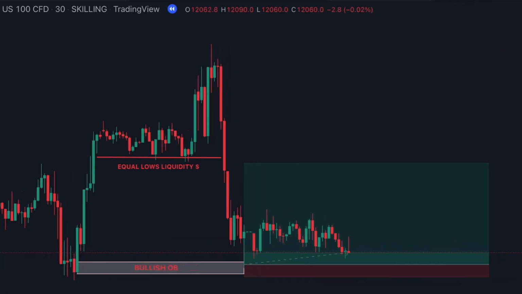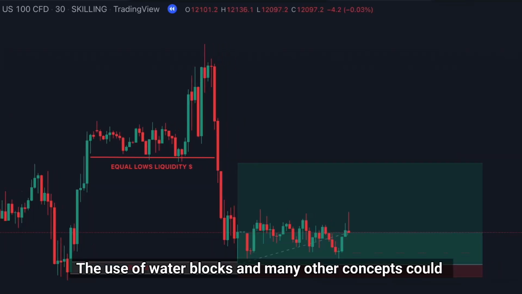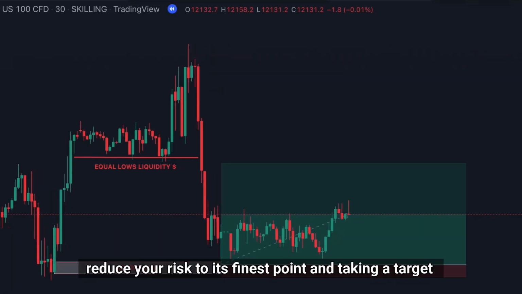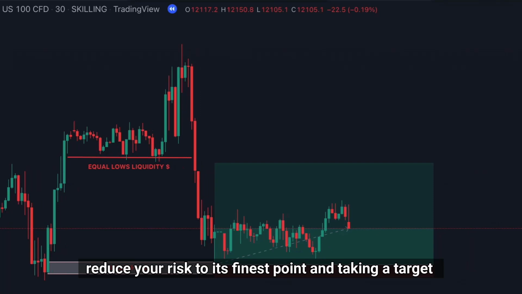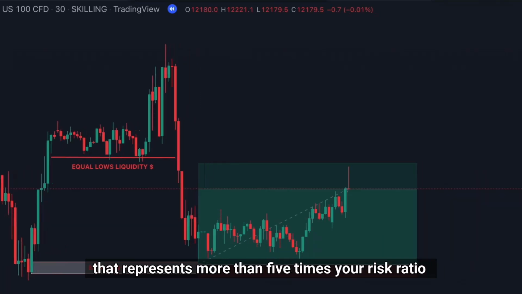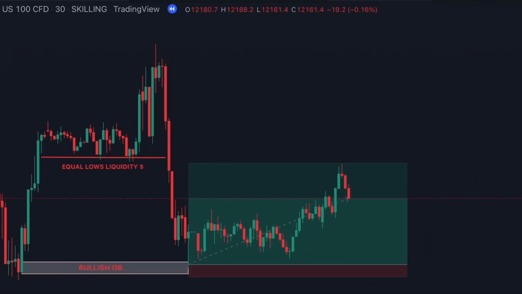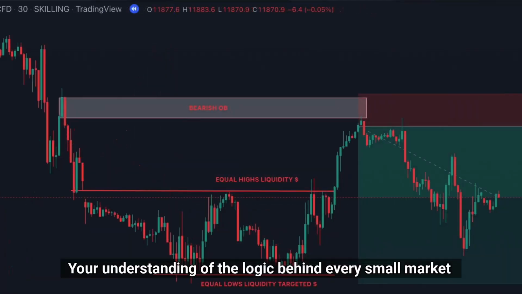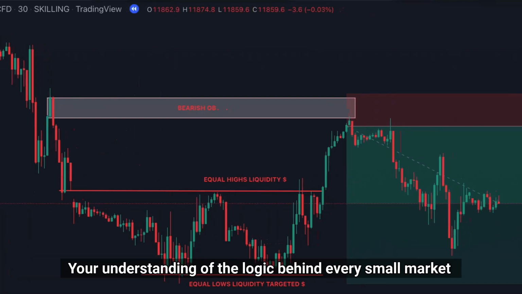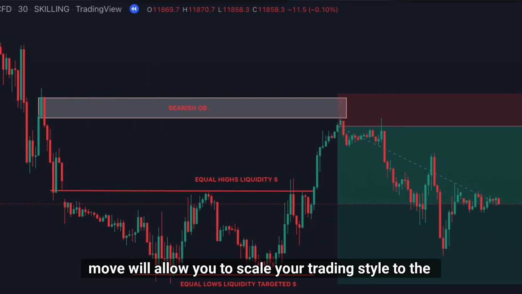The use of wider order blocks and the mini order concept could reduce your risk to its finest point, and taking a target that represents more than 5 times your risk ratio. Your understanding of the logic behind every small market move will allow you to scale your trading style to the next level.